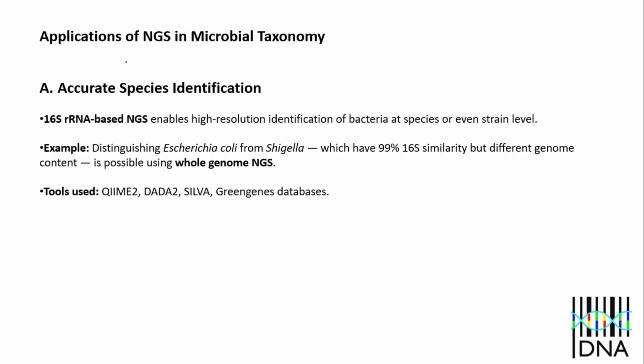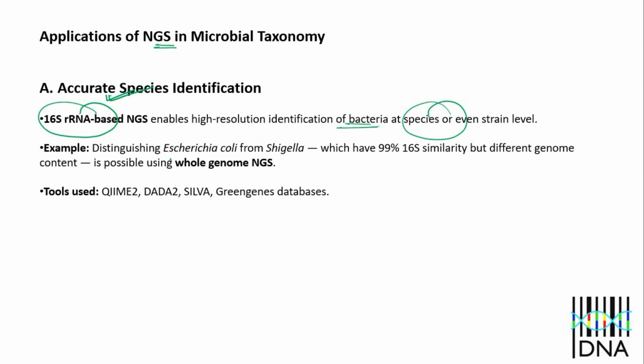Now, we discuss the applications of NGS in microbial taxonomy. The first application is accurate species identification. With the help of 16S rRNA sequencing, it is very high resolution to identify bacteria at the species and strain level.